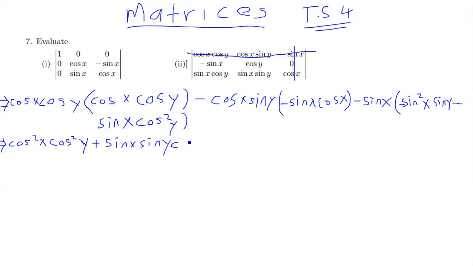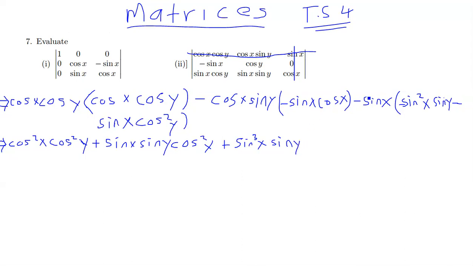Then cos squared x. Then when you multiply this negative sine x times that, you get your positive sine cubed x sine y.